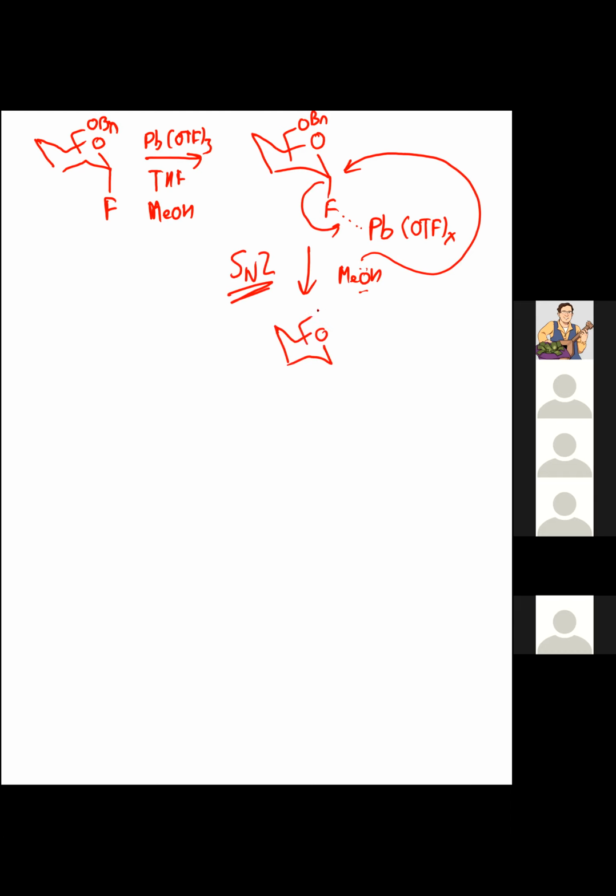And we have this exquisite control because, again, we have the SN2. Check. Specific for fluorine. Toxic as hell.